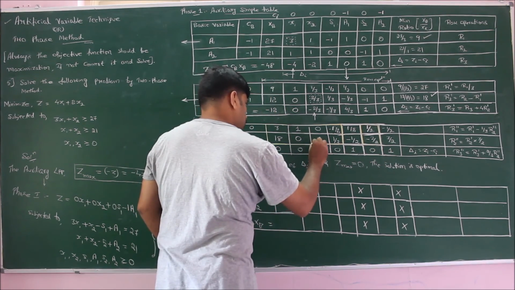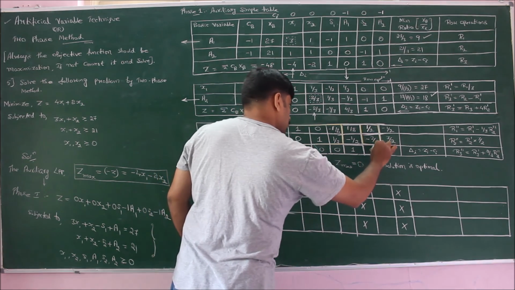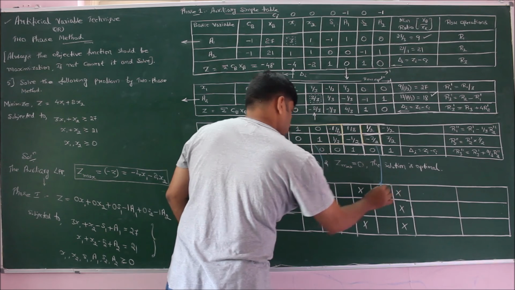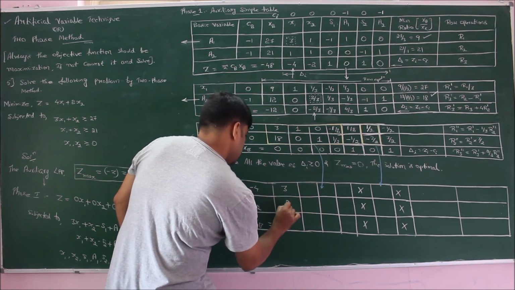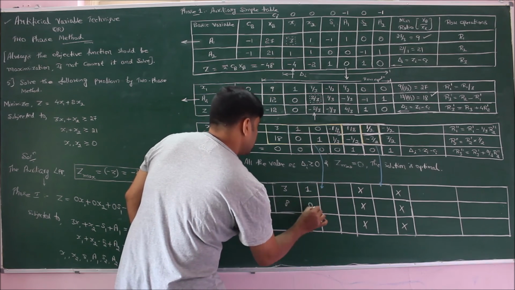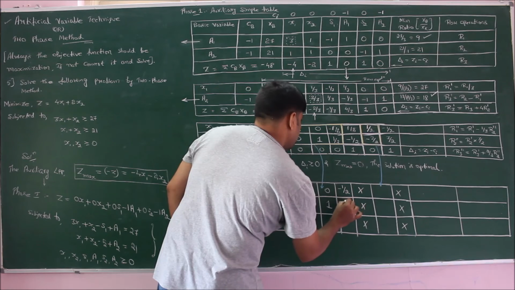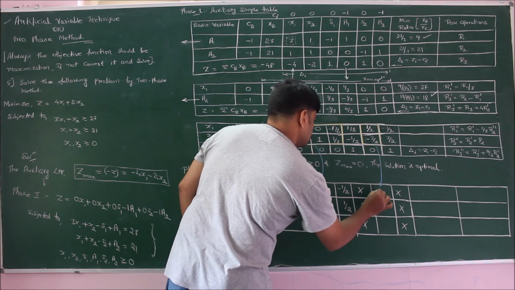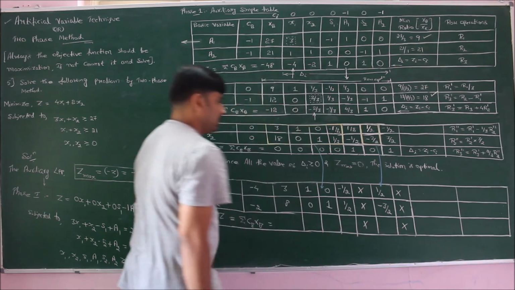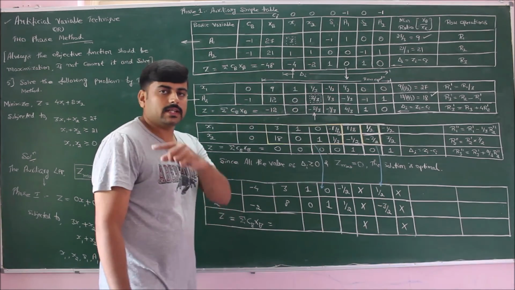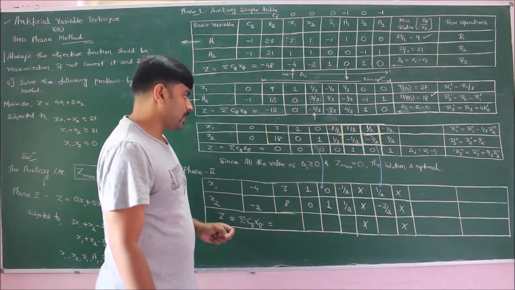So copying it, I will get the value as 3, 8, 1, 0, 0, 1, minus 1 by 2, plus 1 by 2, 1 by 2 and minus 3 by 2. This is what I have explained in the procedure to solve the two-phase technique.